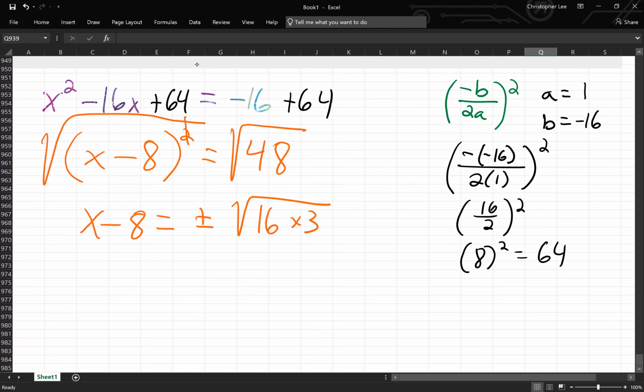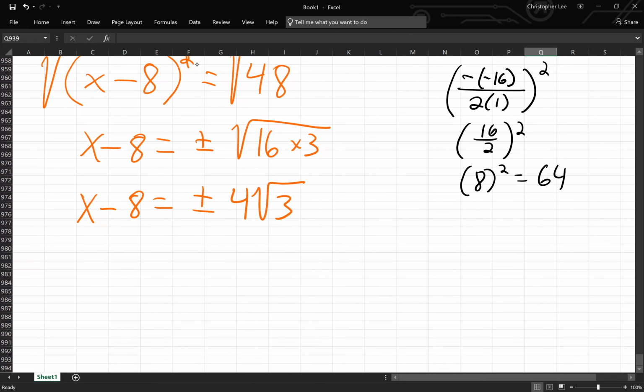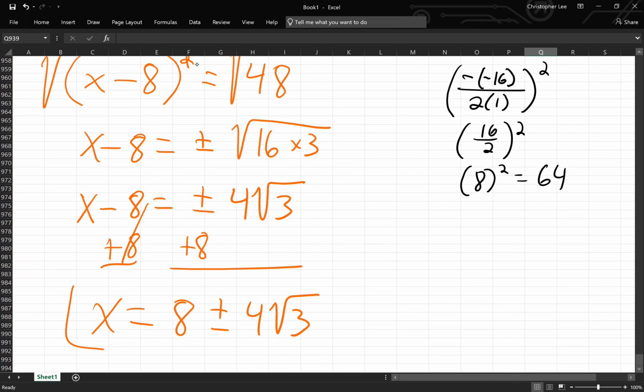And the square root of 16 we know is 4, so this is 4 square root of 3. And then just add the 8. You do the one side, do to the other. So x is equal to 8 plus or minus 4 square root of 3.